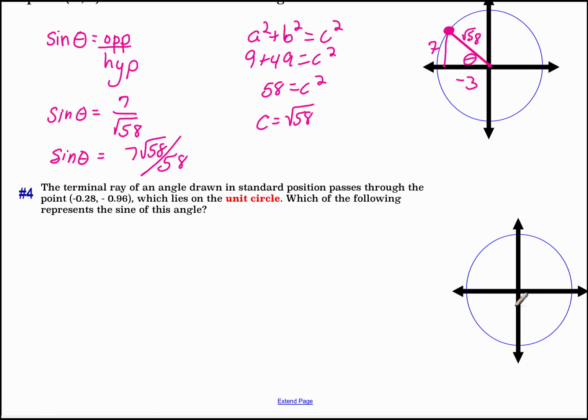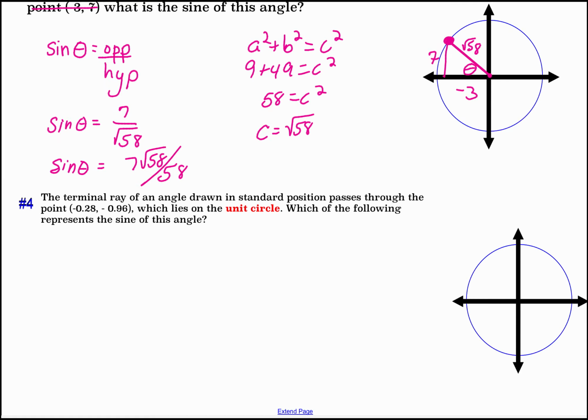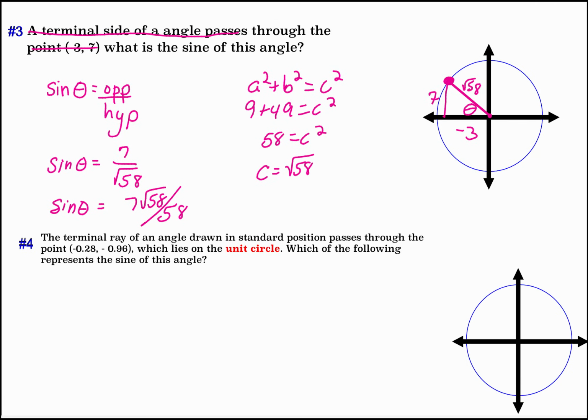The terminal ray of an angle is in standard position, passes through the point negative 0.28 and negative 0.96, which lies on the unit circle. Well, okay, no kidding, it lies on the unit circle. So the same thing, we've got our ray here.